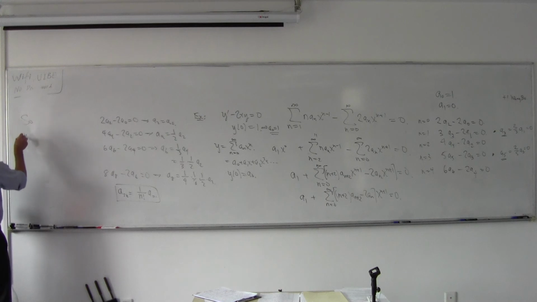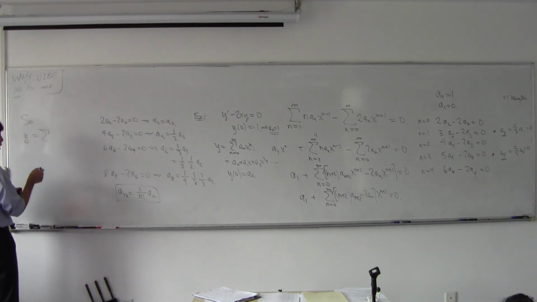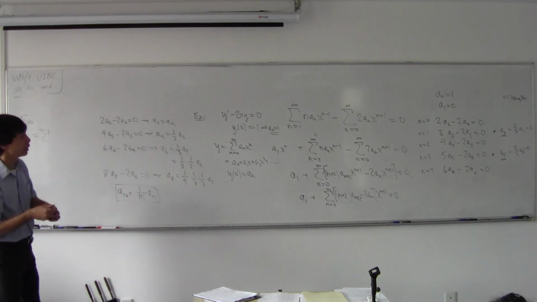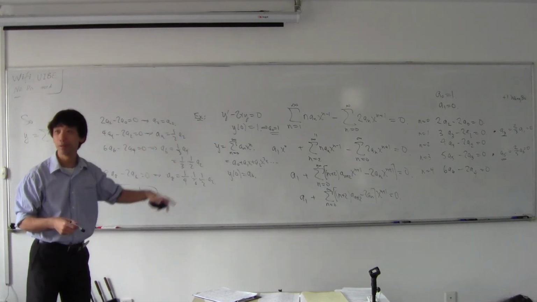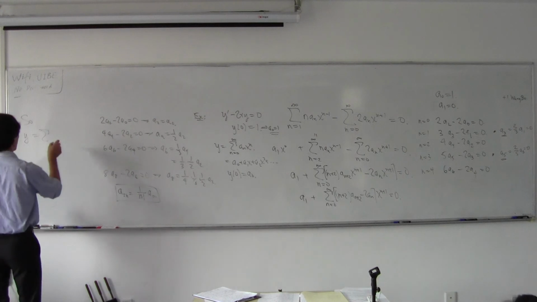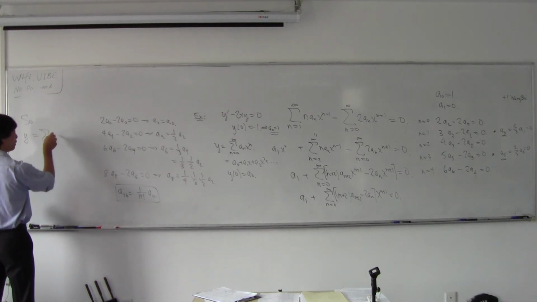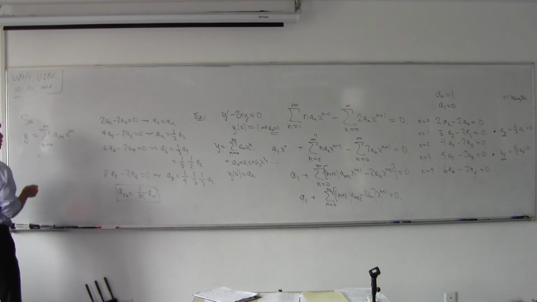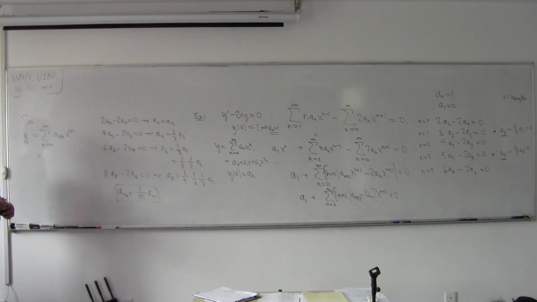So what you see is that y is a power series with only even terms. All the odd terms are 0, so what we have is the sum of a sub 2n x to the 2n from n equals 0 to infinity. Only the even terms exist.